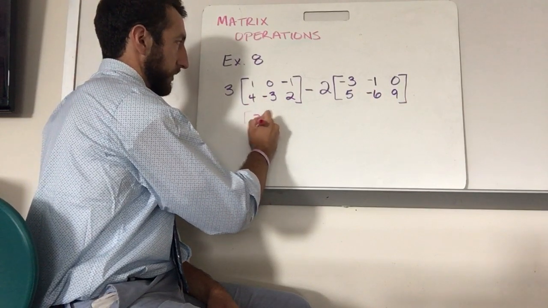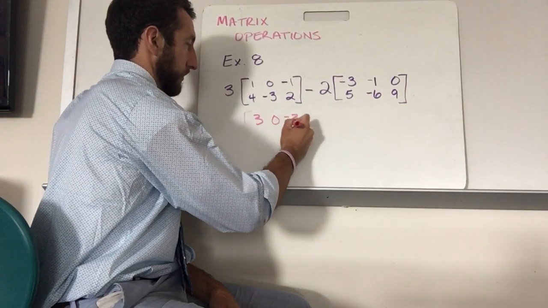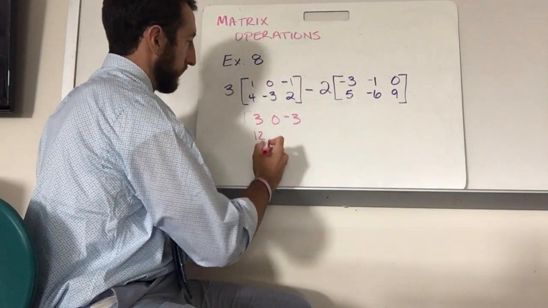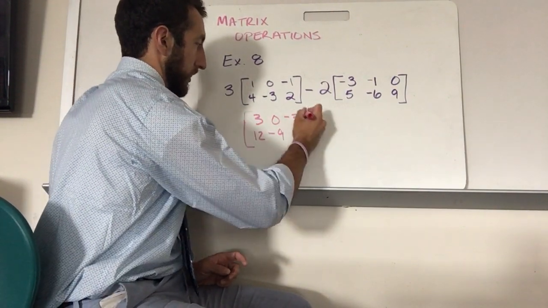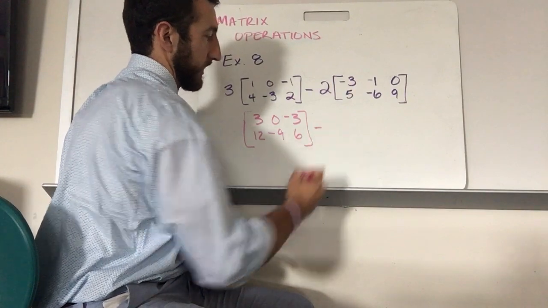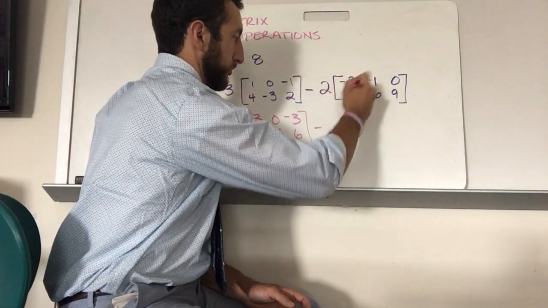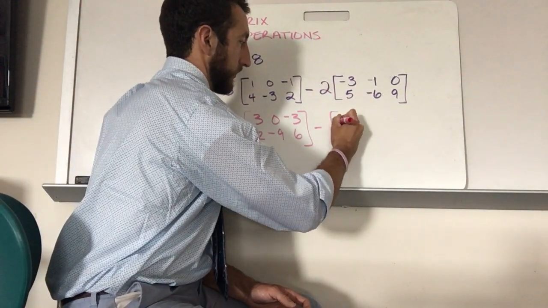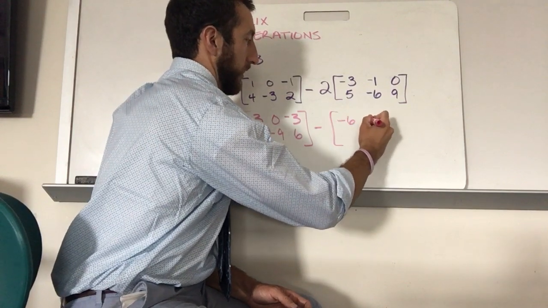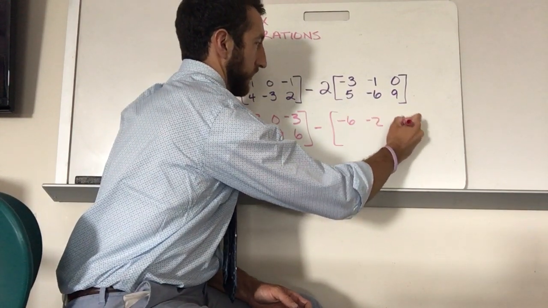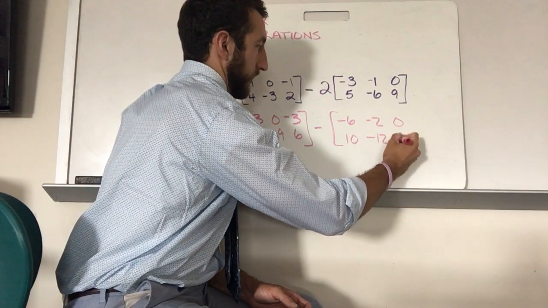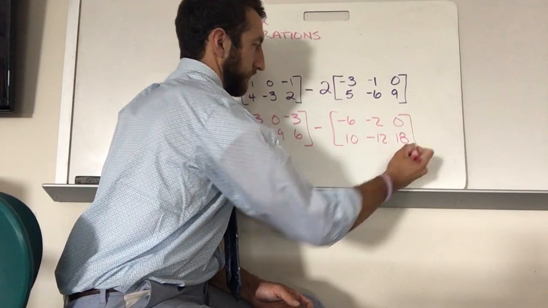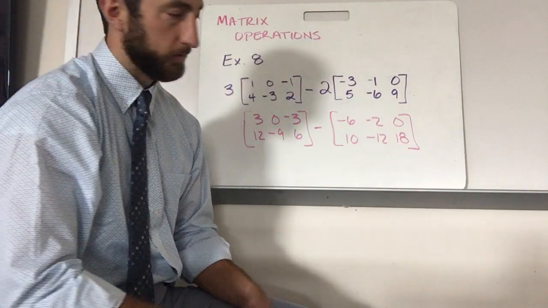So that's going to be 3, 0, -3, 12, -9, 6, and then I'm still going to leave that subtraction there, and I'm going to distribute this 2 throughout here, so that's -6, -2, 0, 10, -12, and 18. All right, so I took care of the scalar multiplication.